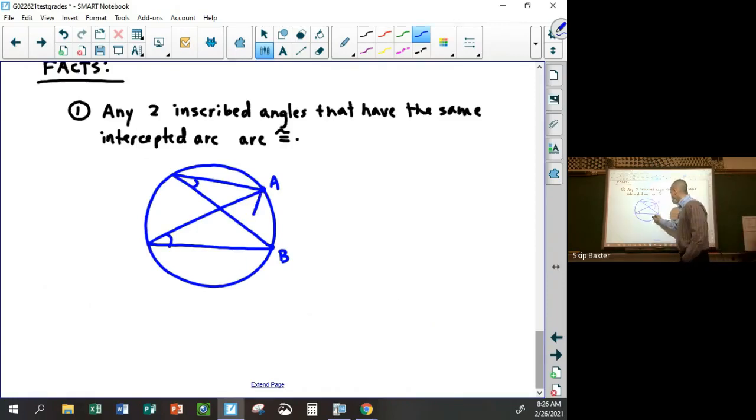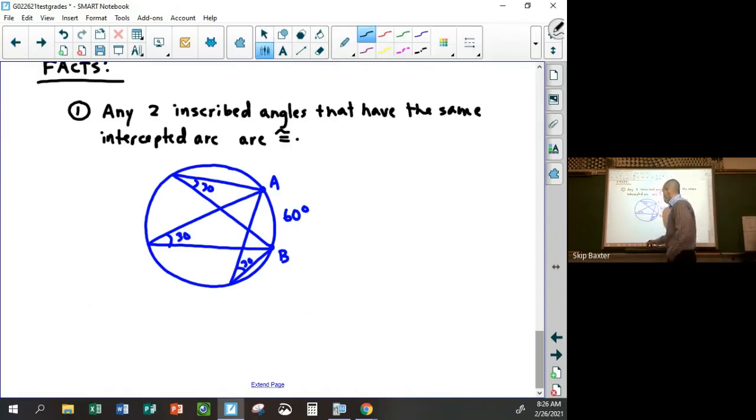Or I could have a third one that goes like this even. These three angles are all the same measure because they're all inscribed, and they're all half of AB. So if this AB happened to be a 60-degree arc, this would have to be 30 because it's half its arc. This would have to be 30, and this would have to be 30. Does that make sense, right? That should definitely be true.